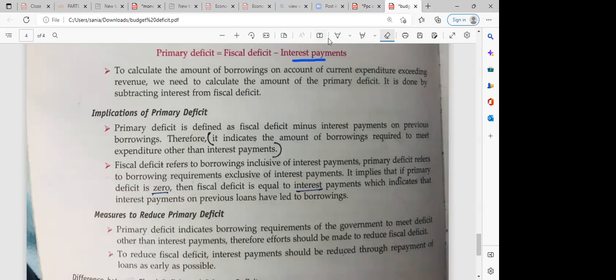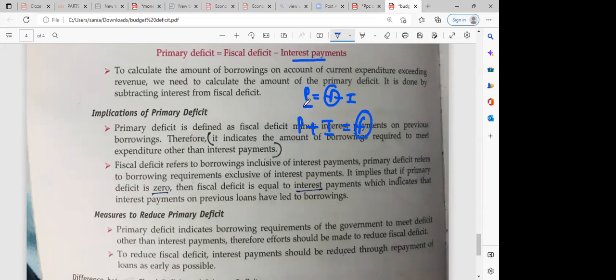For example, if you are calculating fiscal deficit, the formula is P equals F minus I. So if you want to calculate F, this minus I will go to the other side. So it will be P plus I equals F. Over here, if you want to calculate fiscal deficit, you will be including interest payment.